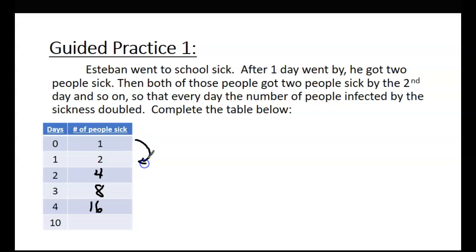To get from here to here, we take that last day there and multiply it by 2, correct? And then we do that again. So we take that first person, double him, and then double that again, right? And then to get from here to here, we take what we had and double it again, right? And every time you're multiplying by 2.